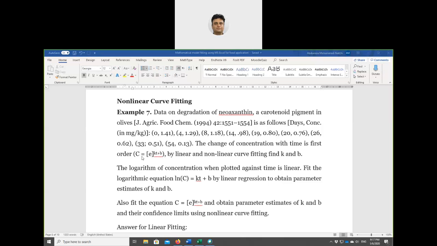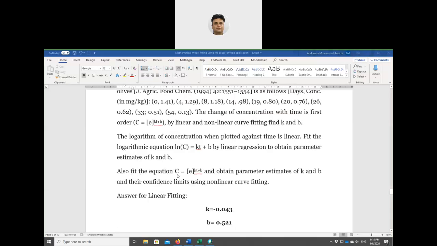For example, c is equal to e power kt plus b. If I take ln, ln c is equal to kt plus b. If I draw ln c over t, I can easily find k and b by regression.